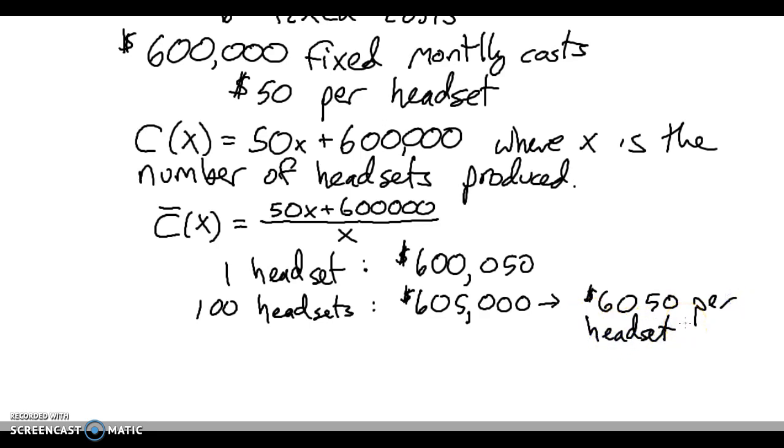And while that's still a lot compared to that $50 per headset cost, that's a lot more reasonable. And that's what we just did. We took the cost of producing those headsets divided by the number of headsets we produced to get what we call the average cost.